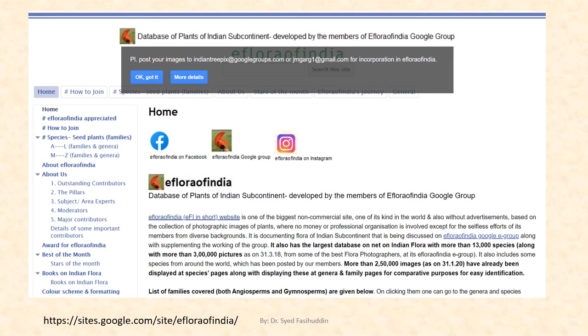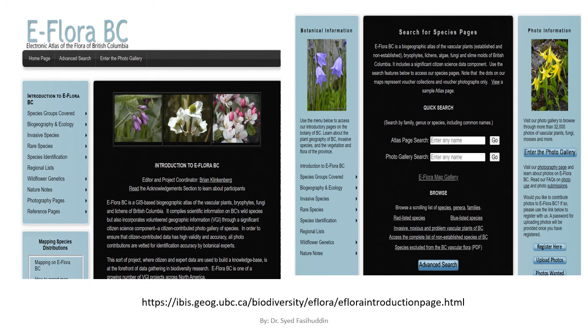This is eFlora of India. This is nothing but the database of plants of the Indian subcontinent developed by members of eFlora India, a Google group. eFlora BC, that is Electronic Atlas of Flora of British Columbia.